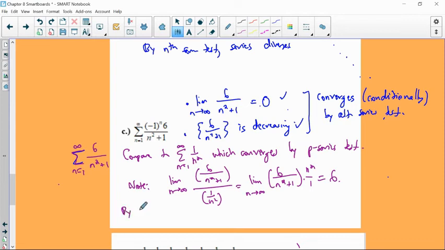So by the limit comparison test, and I probably should say what series I'm talking about, since I have 3 series going on right now, the sum from n equals 1 to infinity of 6 over n squared plus 1 also converges.